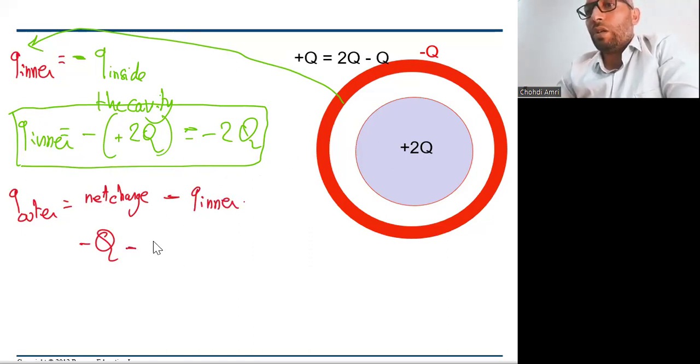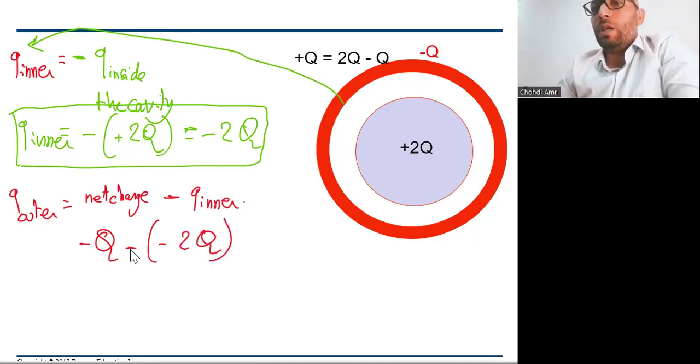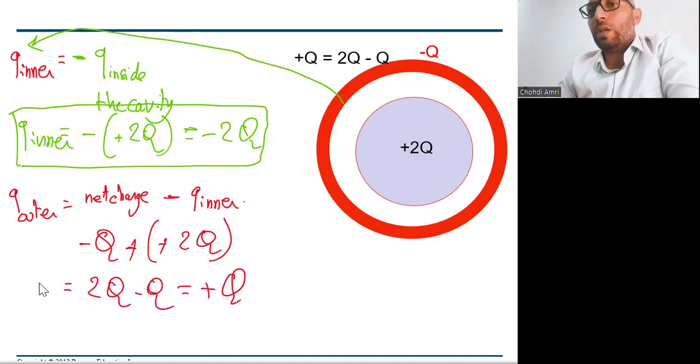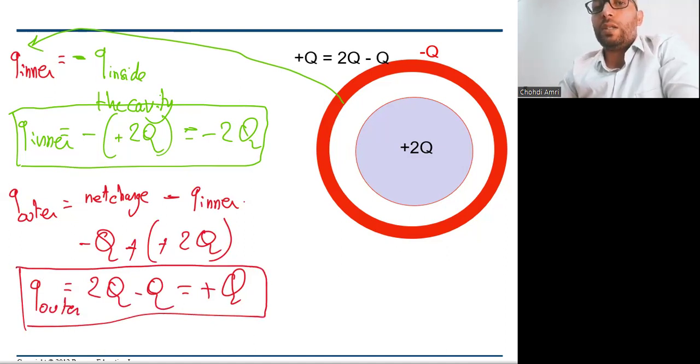How much is Q inner? Minus 2Q. So it will be 2Q minus Q, so it's only plus Q on the outer surface. Okay, so we are done. Let's take another example.